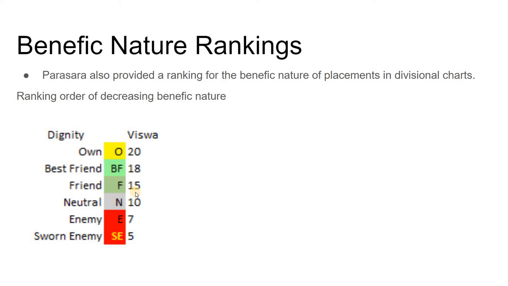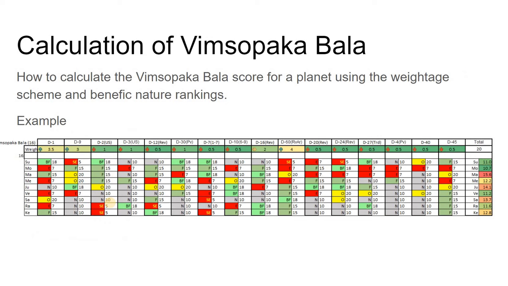In a friend's house, it gets a 15. In a neutral house, it gets 10. Enemy's house, only 7. And in a sworn enemy's house, it gets only 5. These are Parashara's ranking for benefic and malefic positioning.